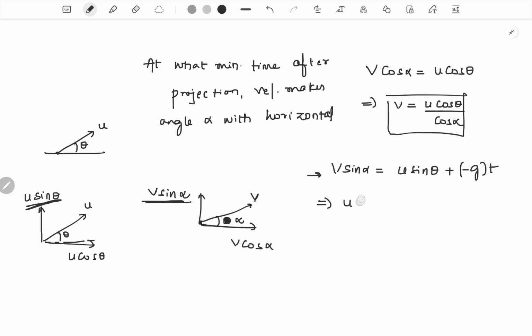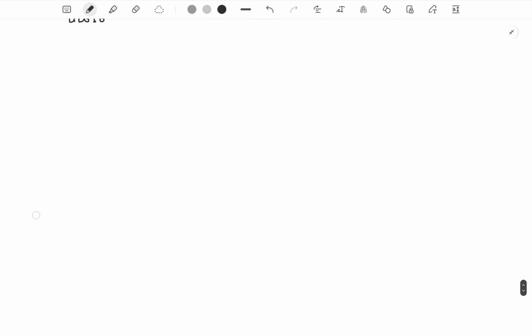So v, we already got as u cos theta by cos alpha, into sin alpha is equal to u sin theta minus gt. You simplify this; theta, alpha and u are a part of the question. So the time t that you get is the time after which its velocity would make an angle of alpha with the horizontal. Sometimes they will ask problems based on the fact that the horizontal component of velocity will not change.